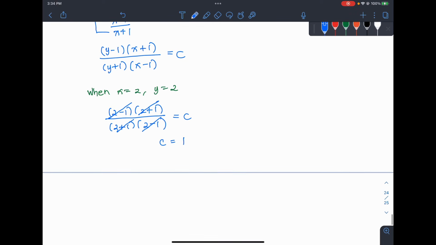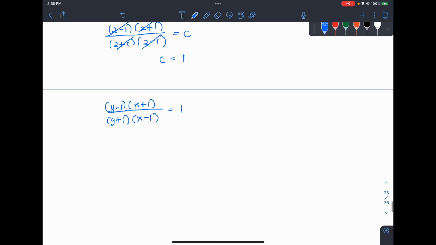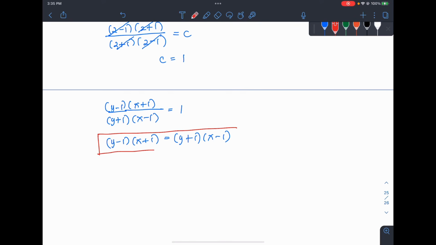And therefore, our final answer would be y minus 1 times x plus 1 over y plus 1 times x minus 1 equals 1. Simply put, y minus 1 times x plus 1 equals y plus 1 times x minus 1. And that will be the final answer.